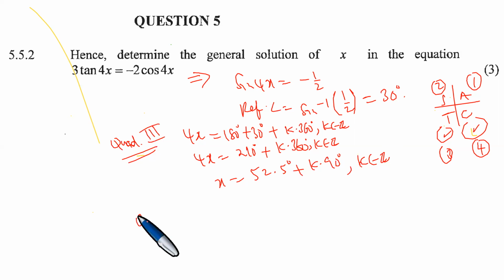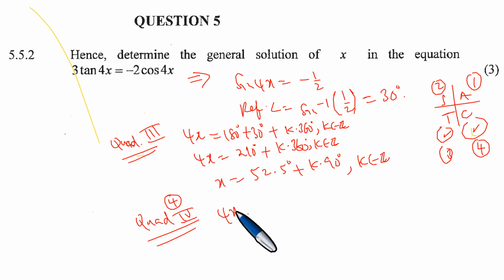And then we also have quadrant 4, where the sine is negative. So in quadrant 4, then you have this.